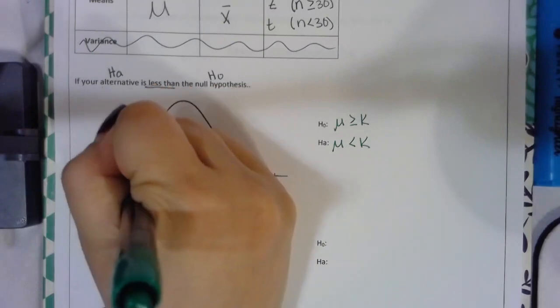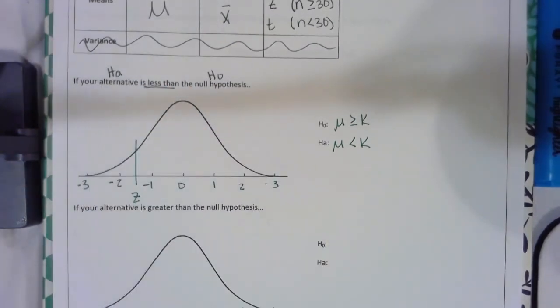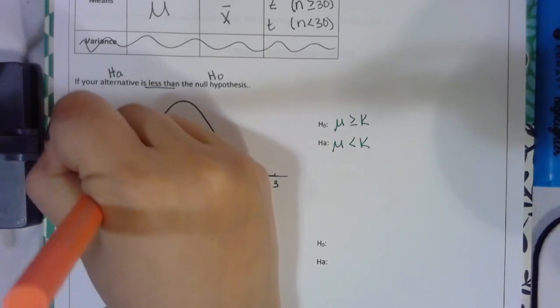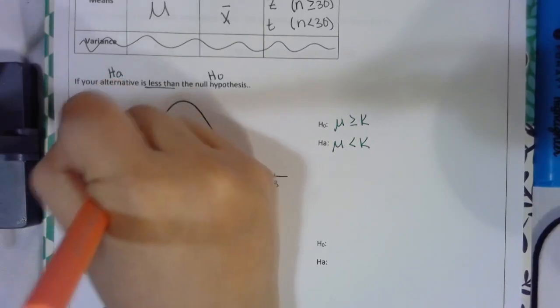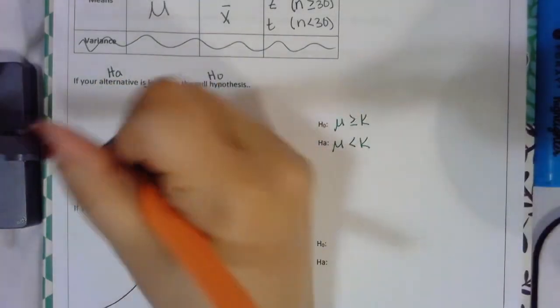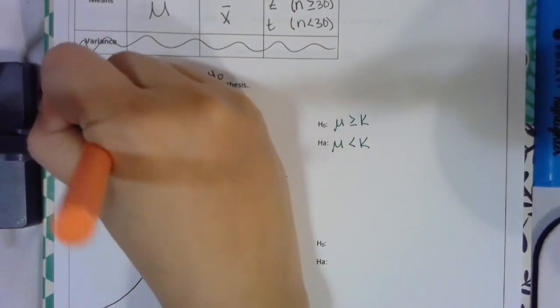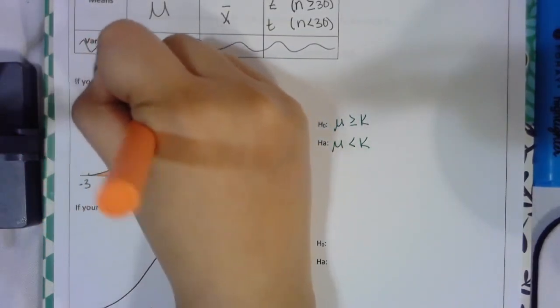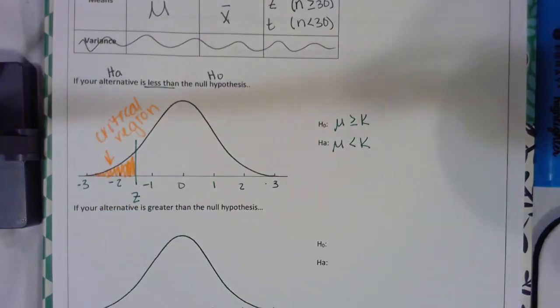This means that our z-score is going to be about in here. And since we are less than the null hypothesis, we're going to shade the left side. And this orange is going to be our critical region, because this is everywhere where the alternative is less than the null.